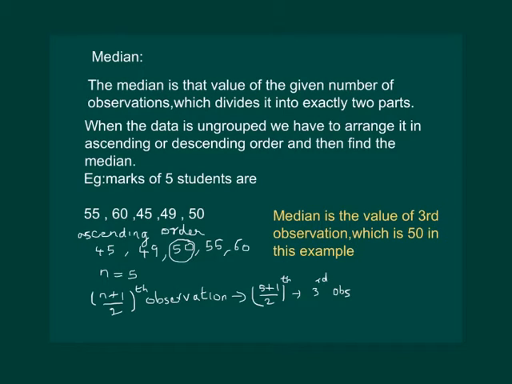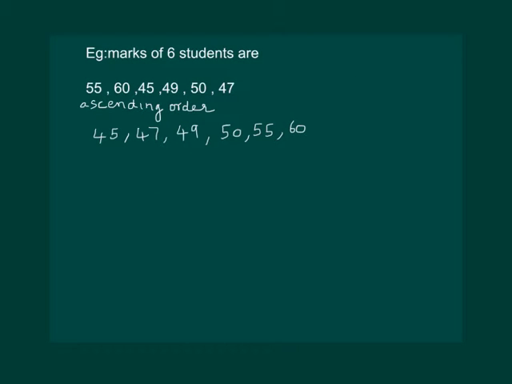Now suppose instead of 5 students we had 6 students and their marks. Again we will arrange our ungrouped data in ascending or descending order. In this case we have arranged in ascending order, and n, which is equal to the number of observations, is 6.